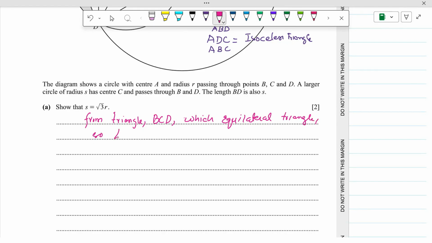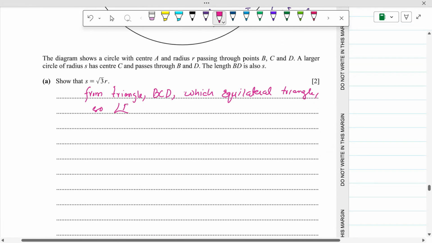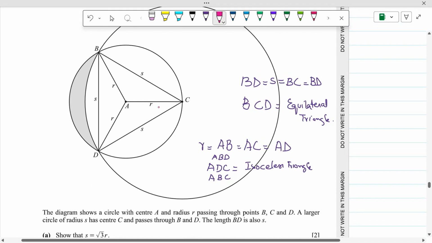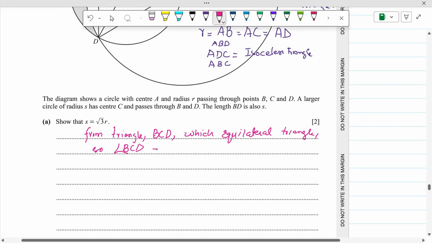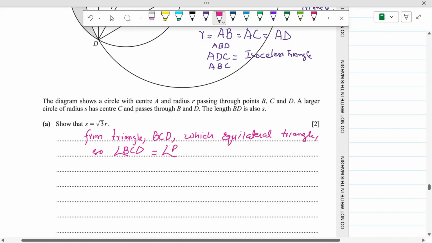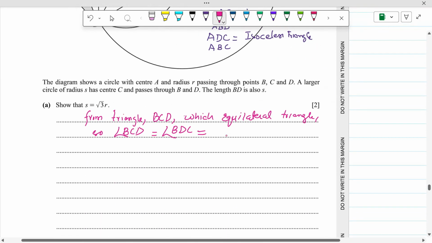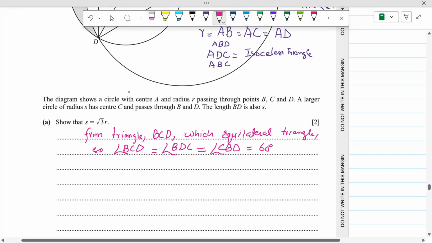So the angles BCD, CDB, and CBD are each equal to 60 degrees, because this is an equilateral triangle.